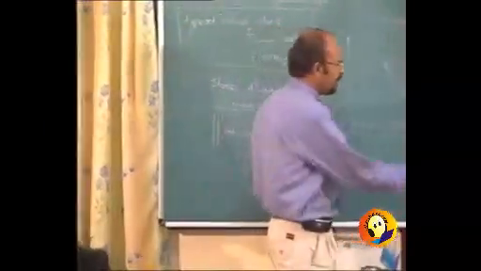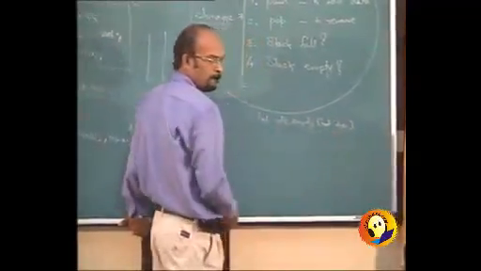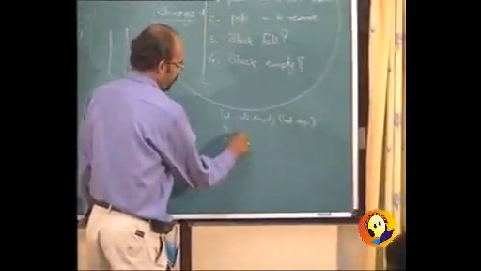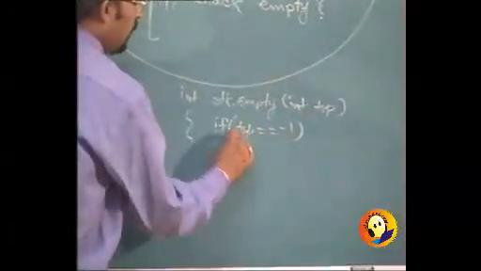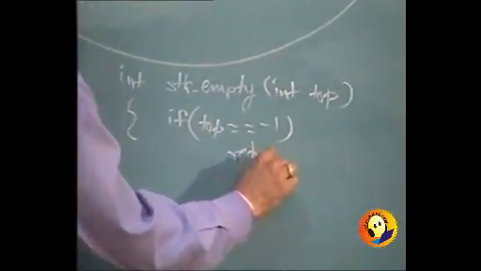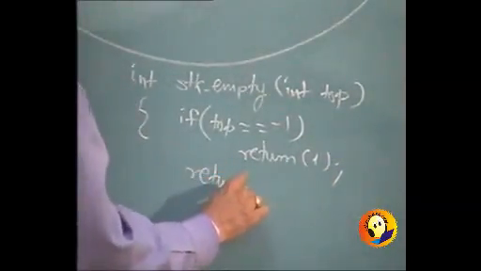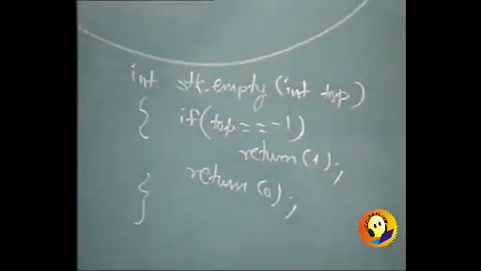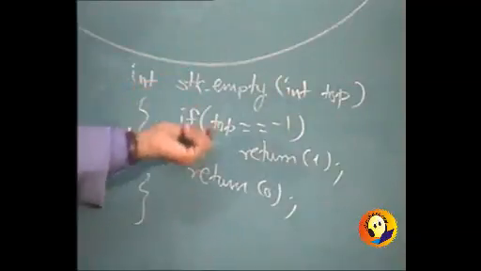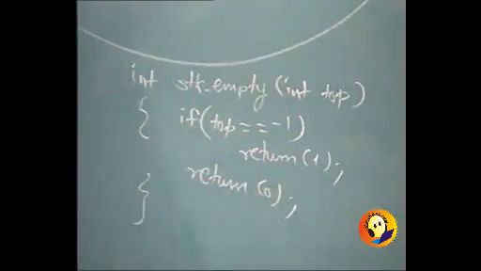Okay, so the parameter that I will pass is top, and it will be if top equal to minus 1, return 1, otherwise return 0. On the same lines you can write stack full. If top equal to size minus 1, return 1, otherwise return 0. Two basic conditions.